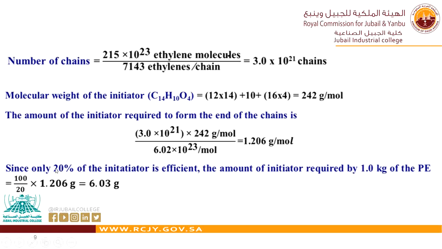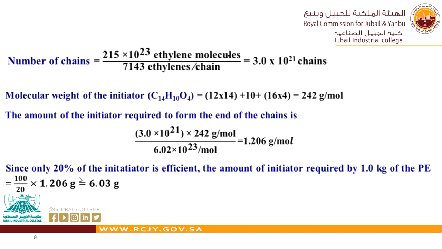Effective. So 20% of 6.03 will give you what? 1.20. But if all the initiators are effective, then we don't need to carry out additional calculation to determine the exact amount of the initiator.